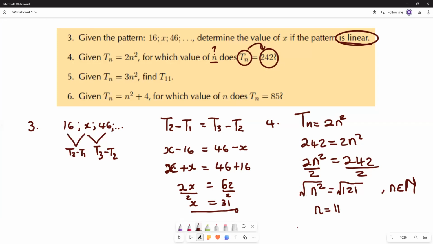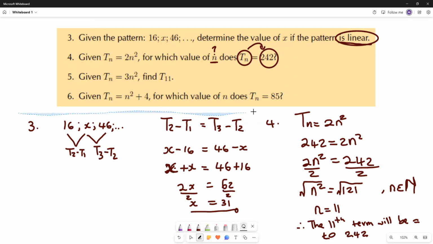Then you can make a conclusion to say, therefore, the 11th term will be equal to 242. Right. And that's it with that, ladies and gents.